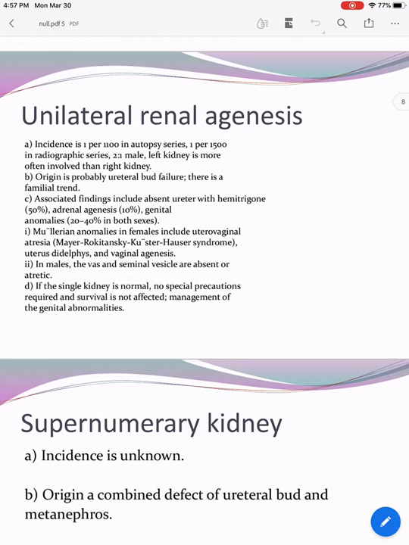This association, the absence of the vas with unilateral absence of the kidney, occurs in about 80 to 85% of cases. And this association exists because, as you know, the embryological origin of the ureter and the vas deferens is the same. They both originate from the ureteric bud.